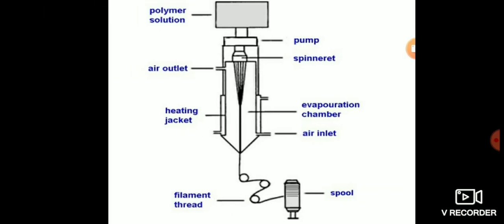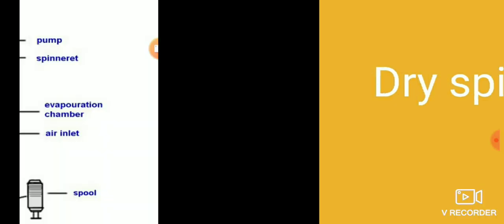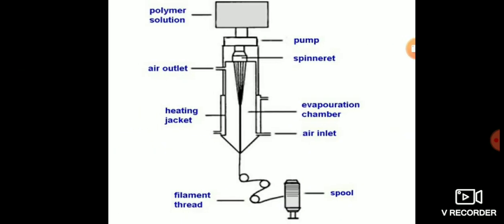Now, the dry spinning. In dry spinning, the polymer is dissolved in its solvent and then extruded. As the fibers emerge through the spinneret, the solvent is evaporated off with hot air. In most cases, this is then collected and reused.